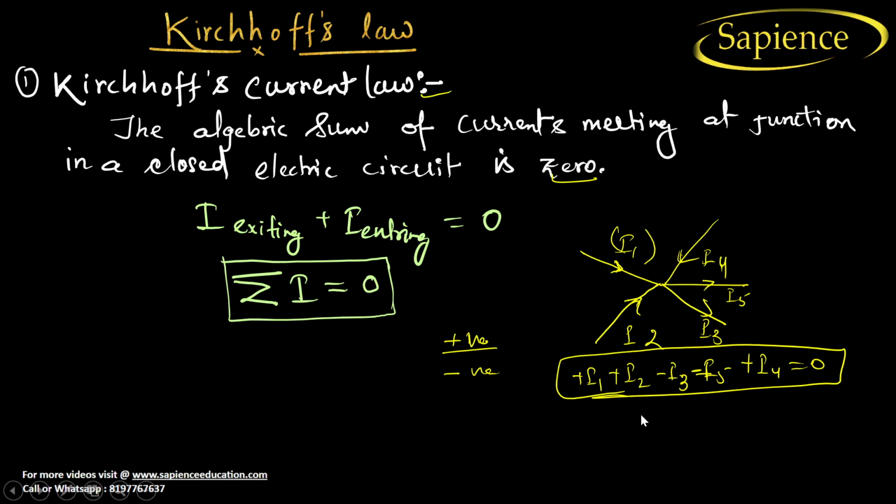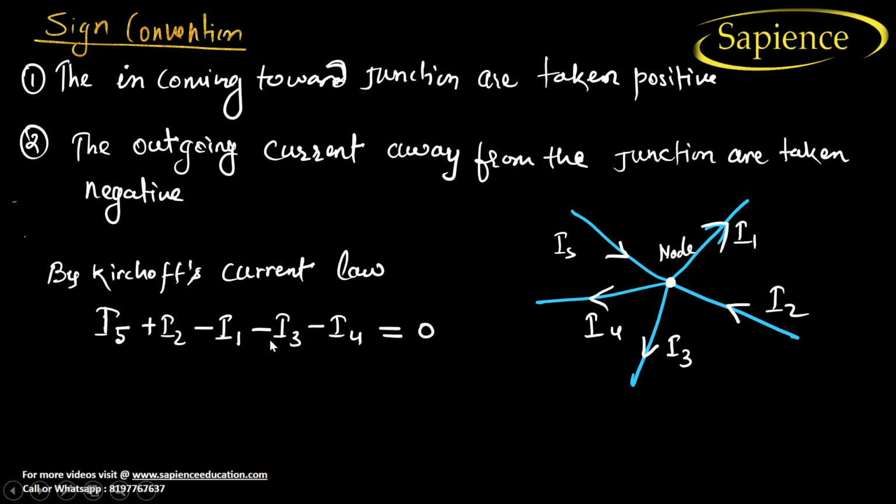So this is the way you can go through this law. This is known as Kirchhoff's current law. In more detail, the currents incoming toward the junction are taken as positive. I4 is going outside, it will be negative.